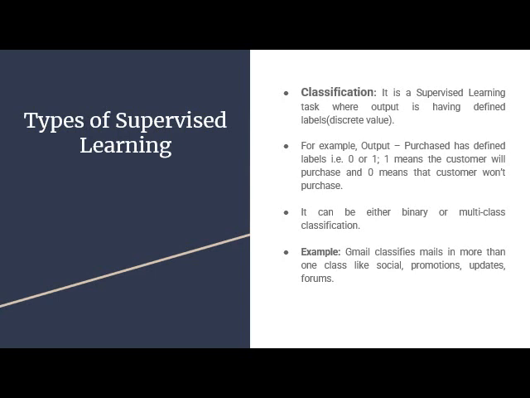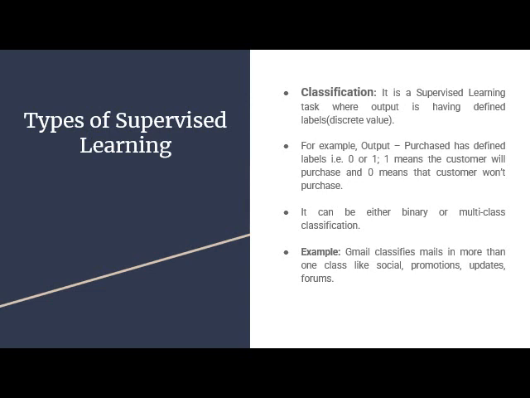So 1 means the customer will purchase the product, and 0 we will assign to the customer that it will not purchase the product. So the classification can either be binary or a multi-class classification, means binary in the sense 0 or 1, which we have looked in the example that the customer will buy the product or not.